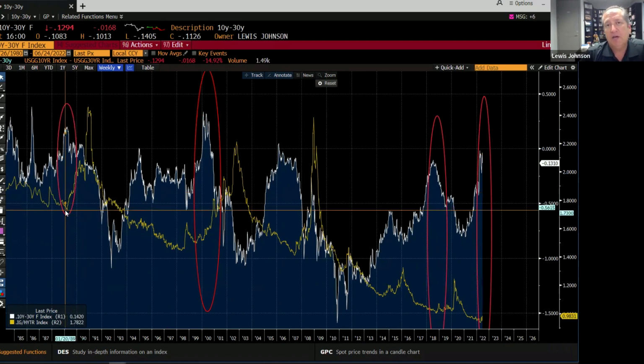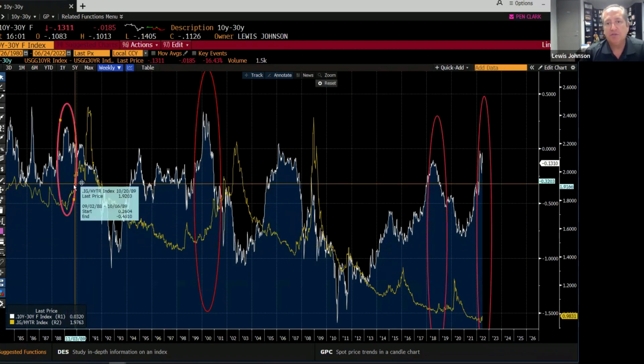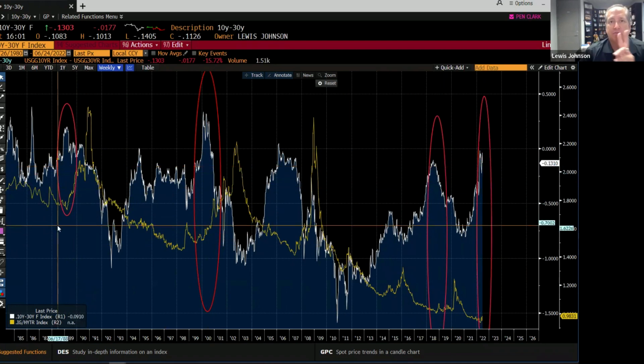And then the yellow line, which is something we watch quite a bit, is the relative performance of the investment grade total return bonds divided by the total return of high yield bonds. So the three prior instances that we demonstrated for you, 1989, 2000, 2018, and of course now, we thought were interesting for two reasons.